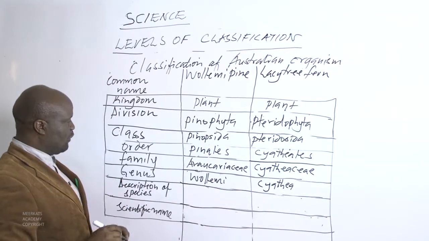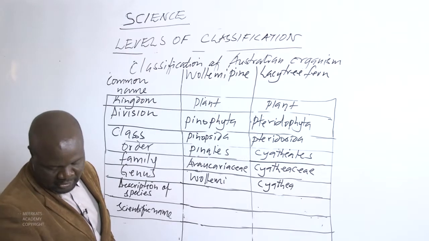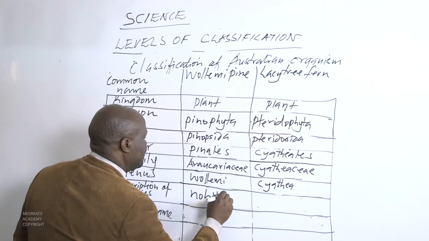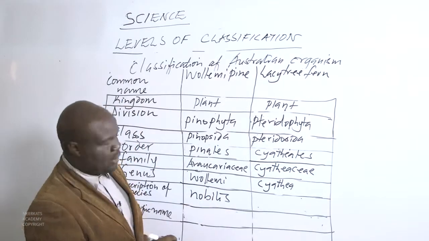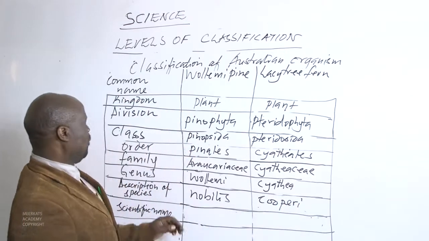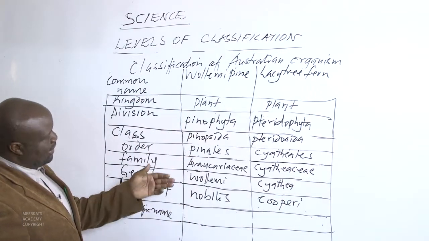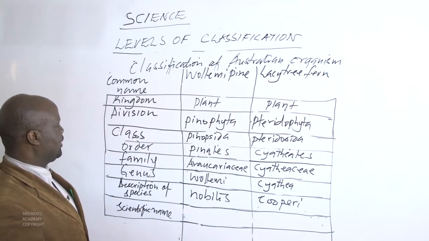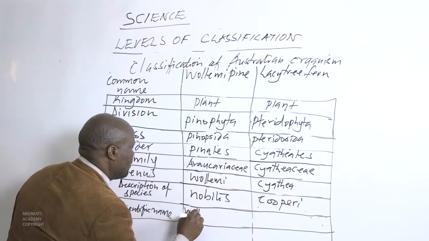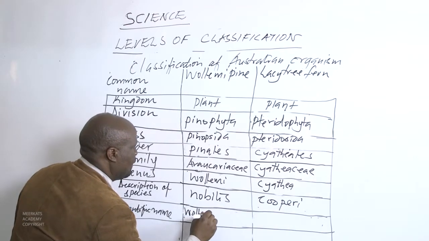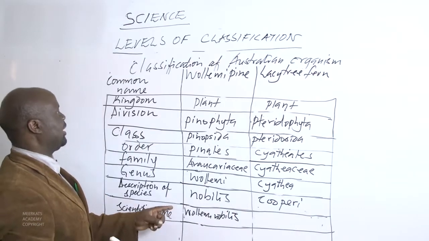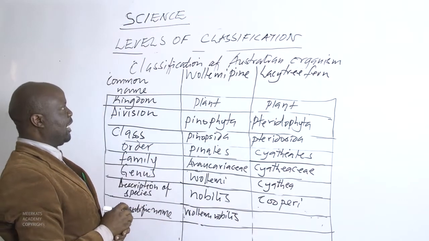Now, the description of the species, they also differ. This one belongs to a species called nobilis, while this one belongs to the species called cooperi. So when it comes to the scientific name for these two plants, we shall pick the first, the genus Wollemia nobilis. Wollemia nobilis, that's the scientific name for Wollemi pine.